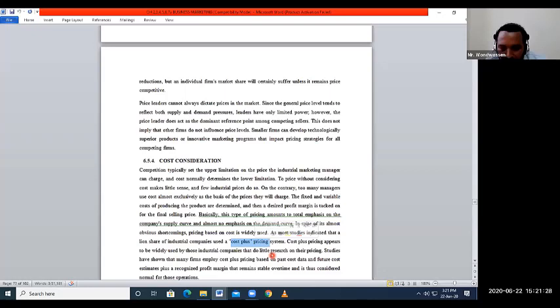Overhead cost is like the bill for electricity, the bill for telephone, and other non-direct costs. So we have to know all these costs, and then we can set the price.